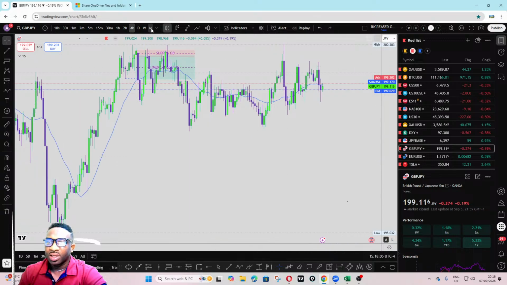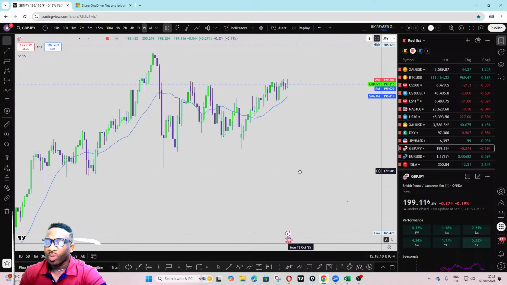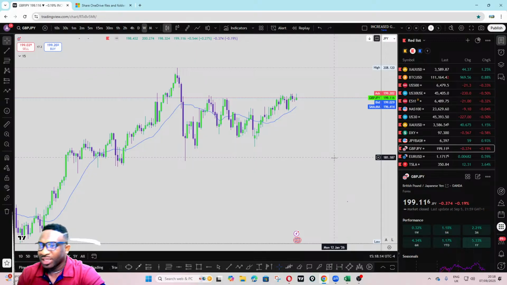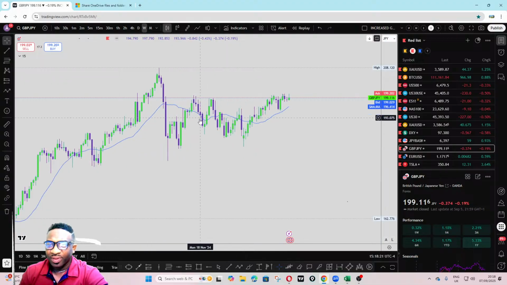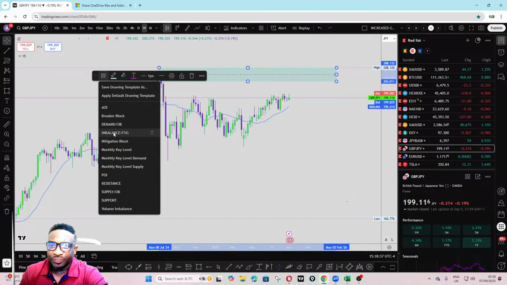So GBP yen, let's start from the weekly and see what is there. On the weekly, we can see that we have this last indecision candle right there to serve as our supply zone.